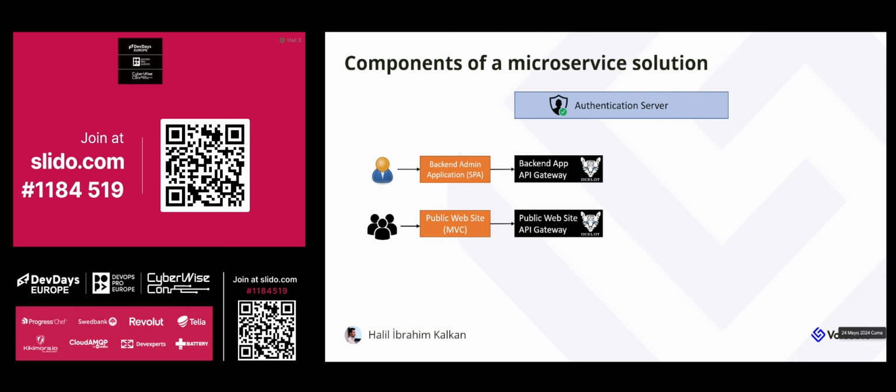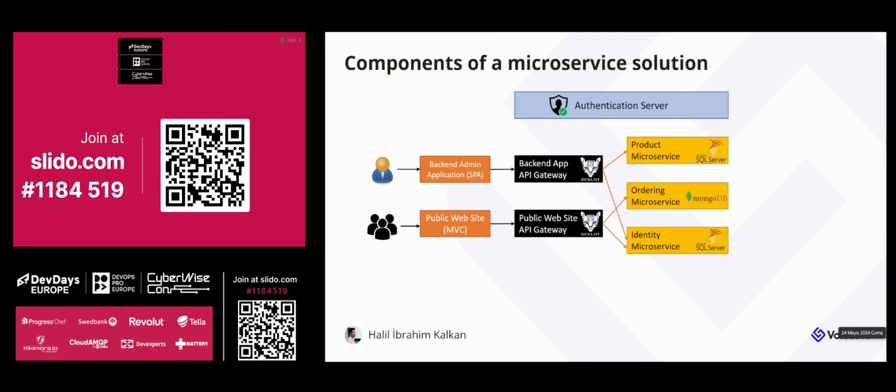If you are using the backend for front-end pattern, you may have two API gateways in this setup, and typically an authentication server that is separate in the system, and some microservices behind these API gateways. These are just three examples: a product service, an ordering service, and an identity service to manage user accounts.